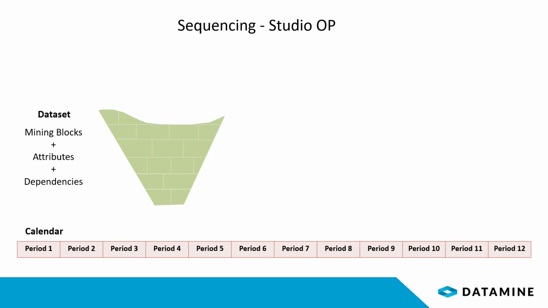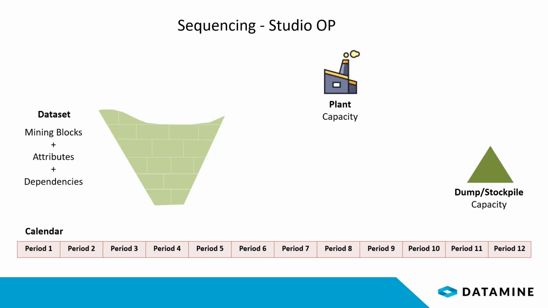So how long is the period that you want to use for your mine schedule? It depends on where you're going to take your material to, so which are your destinations. You'll probably have a processing plant, waste dump, a stockpile. And each one of these destinations has its own properties.